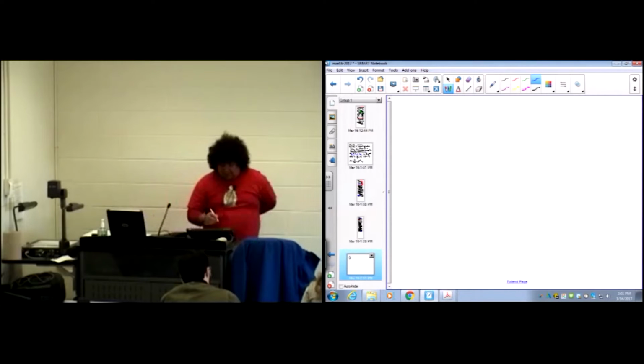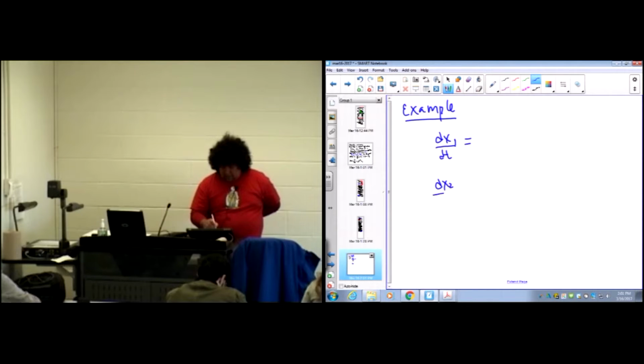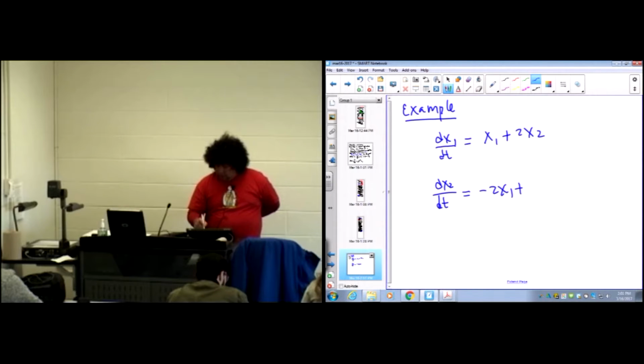So here is a system: dx1 dt, dx2 dt. The first equation is x1 plus 2x2. The second equation is minus 2x1 plus x2.